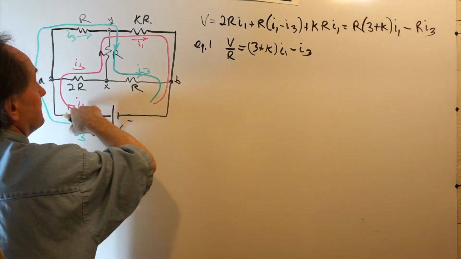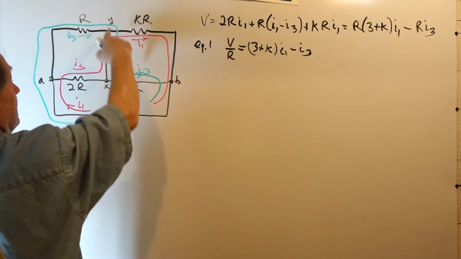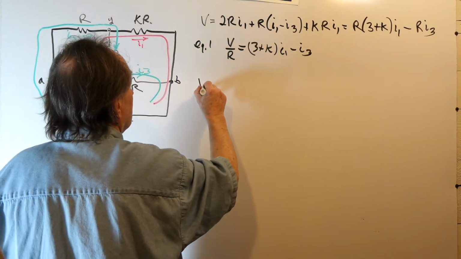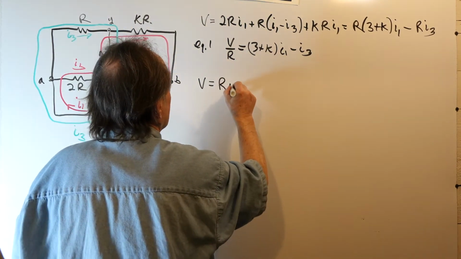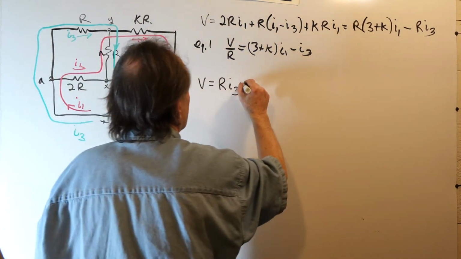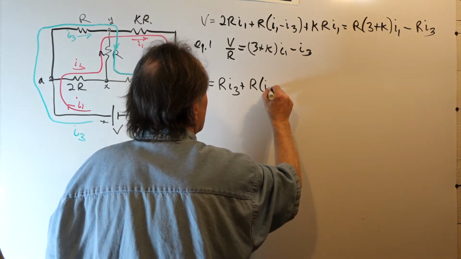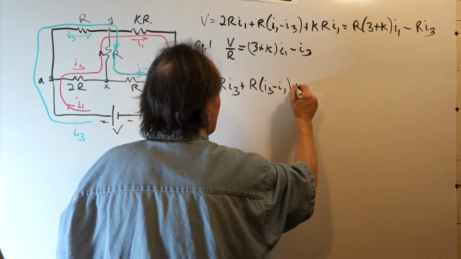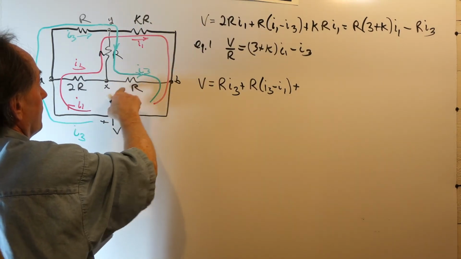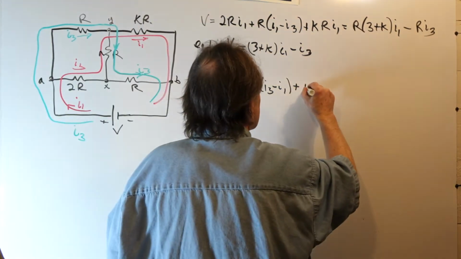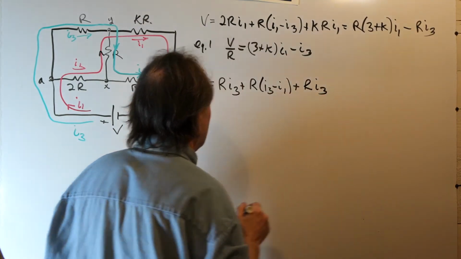Now, Kirchhoff's voltage law going around the I3 loop. So we have V is equal to R times I3 down through the bridge resistor, so it's I3 minus I1, plus the current in the lower right resistor R, which is R I3 for that voltage.